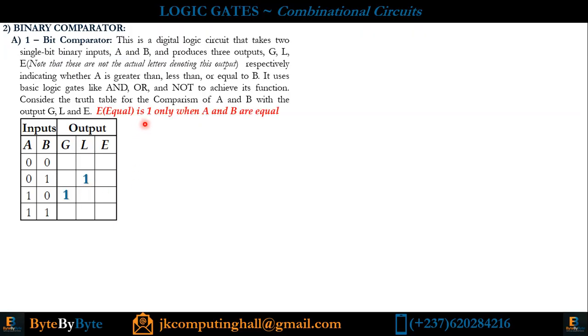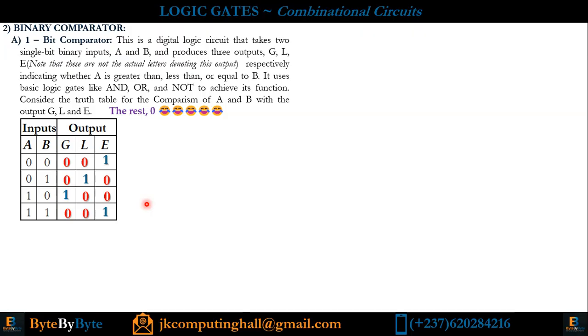And E, which means equal, is 1 only when A and B are equal. So at this particular level and this particular level, that is what we have. So we have already achieved the cases where G, L, and E can have the output value 1. So the rest are 0. That is how we easily complete our truth table.